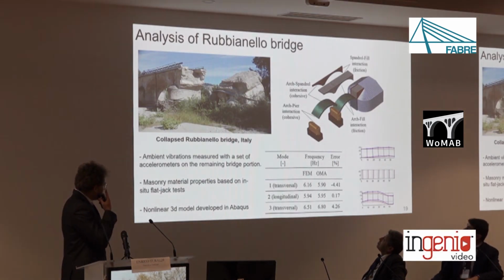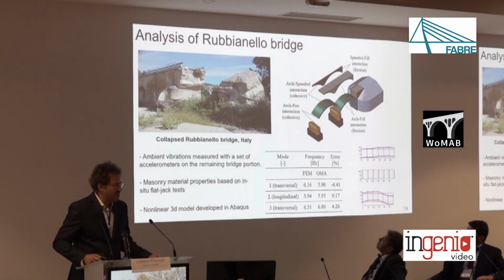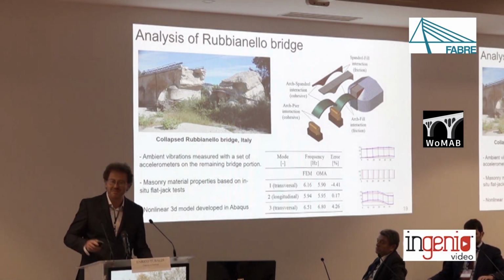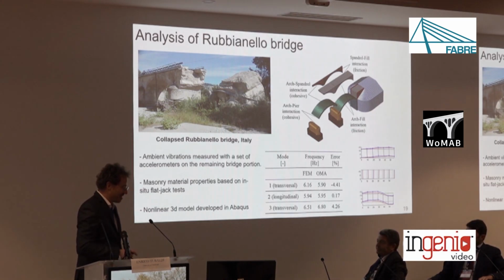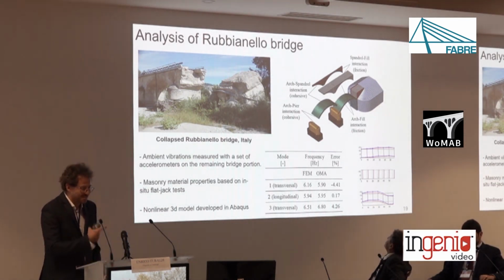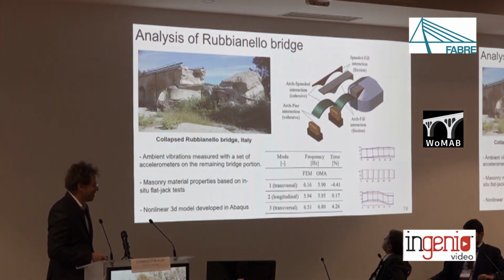And the second study that we did together with Fabrizio Scozzese and Professor Dall'Asta, he will describe this study in more detail later, is the analysis of the collapse of Rubianello Bridge, the bridge located close to my hometown in Marche, Italy.